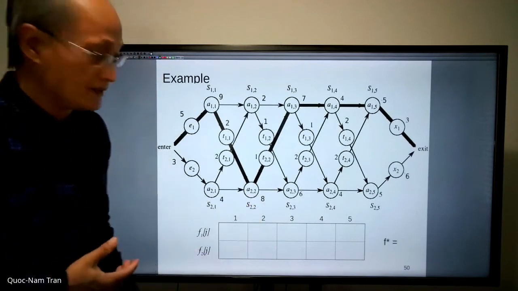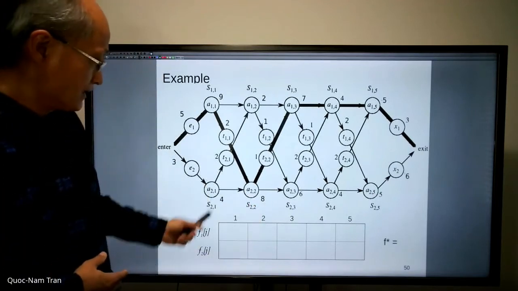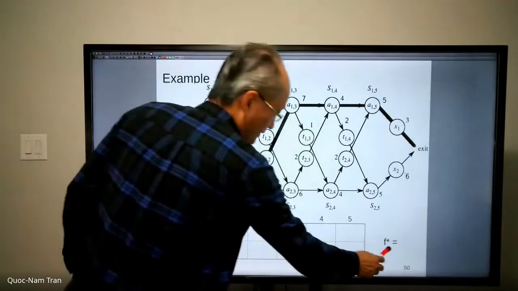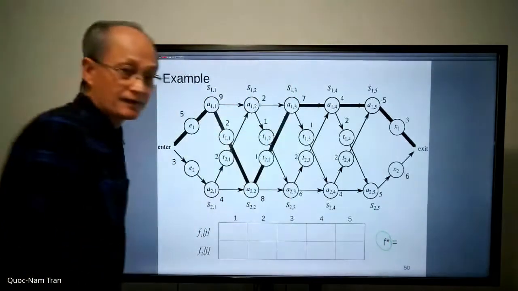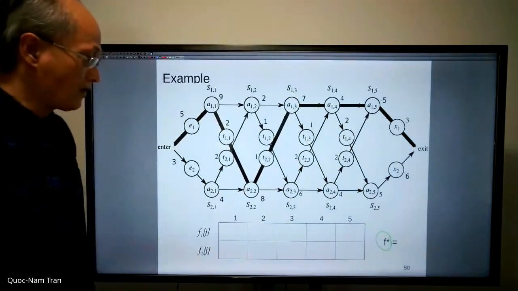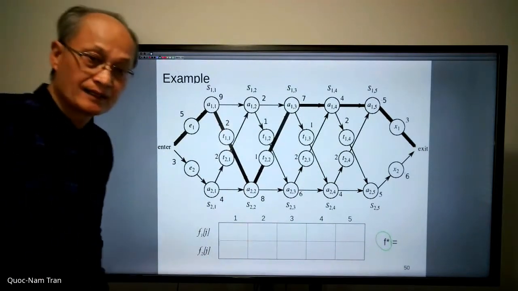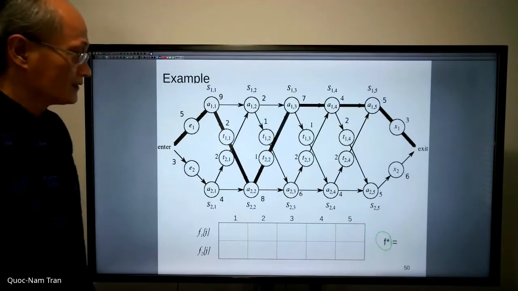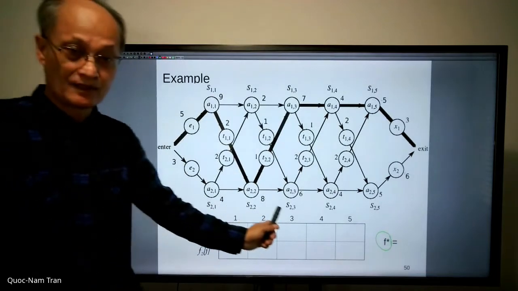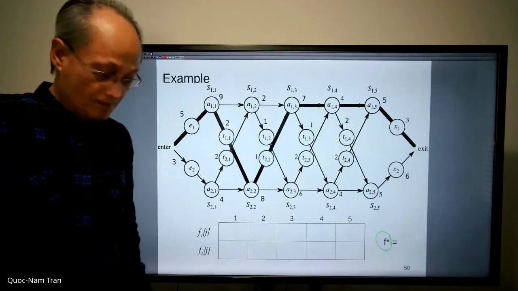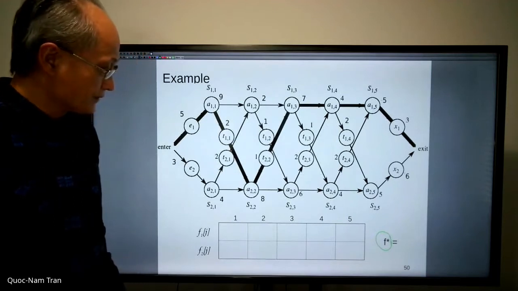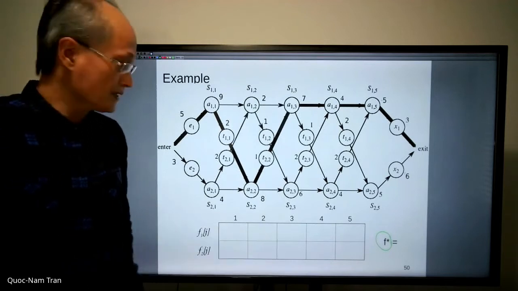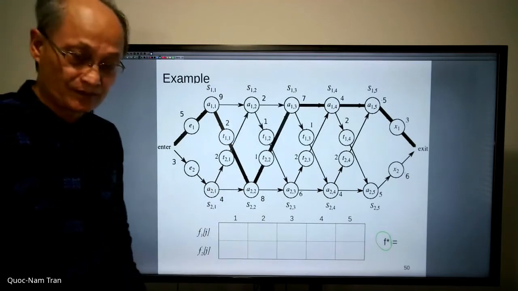You can just take a picture of this and then tell me what you have here, the fastest time, and also build back the path, the shortest path. So do it as homework by yourself. If you have any doubt, just send me an email and I can send you the solution.